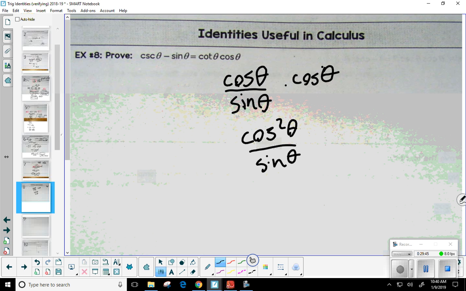Okay, go ahead and multiply those together. Okay. Cosine squared is 1 minus sine squared.